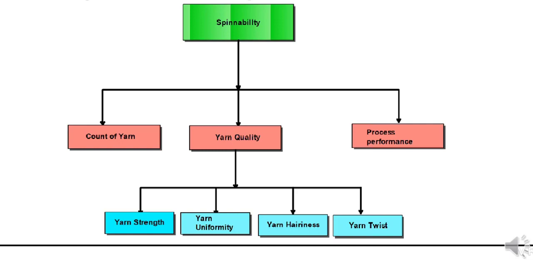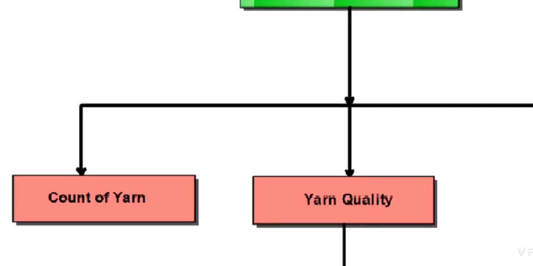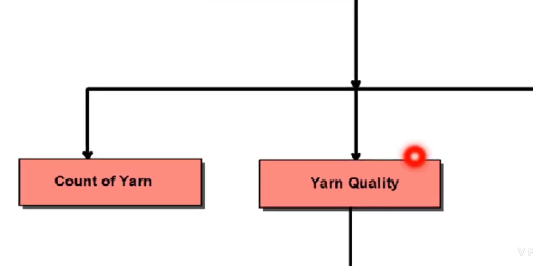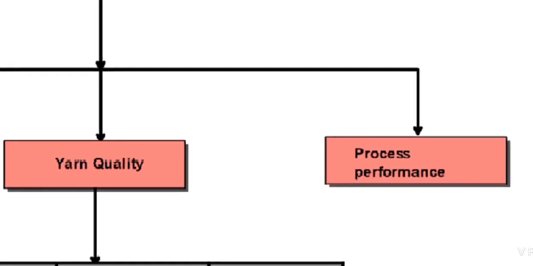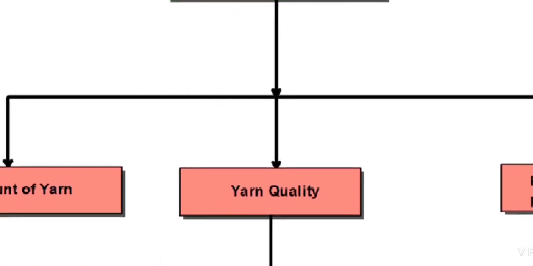But complete definition of spinability is ability to spin the fibers to a finest count, with specific yarn quality and with ease of process. Let me repeat again. Spinability takes care of three things: the count, quality and process performance.